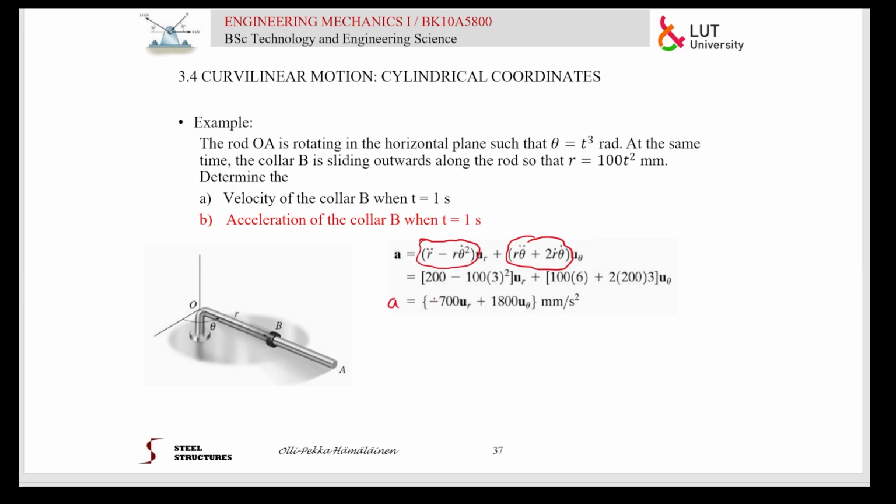It says the acceleration in the radial direction is minus 700, meaning that if it's minus, I would assume that anything in this direction is positive on the radial side. So this acceleration of the collar goes in this direction.